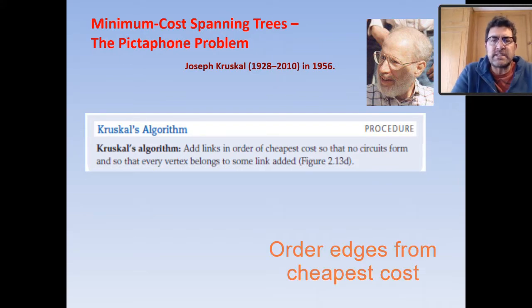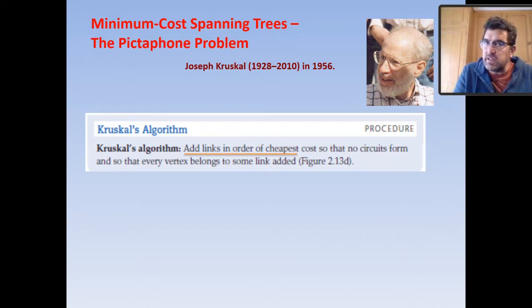Kruskal's algorithm said the following: we add the links in the order of cheapest cost so that no circuits are formed, and so that every vertex belongs to some link that we have added. That is Kruskal's algorithm. So what do we do? We add the links in order of the cheapest cost. Now, where did we hear that before?